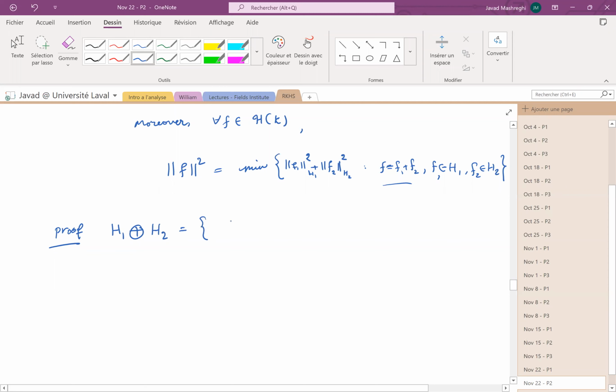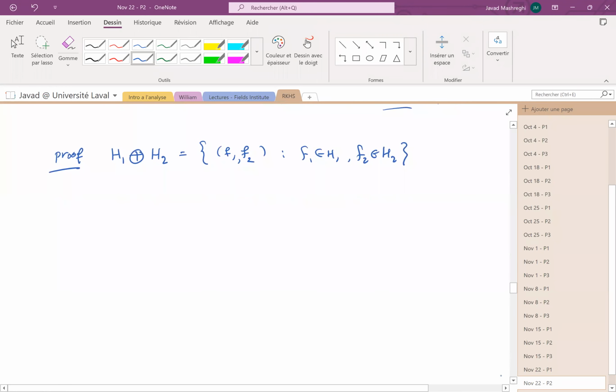This is the ordered pairs F1 and F2, with the usual way to define the inner product on this space, which means that the pair F1, F2, its inner product with G1, G2 is component by component.